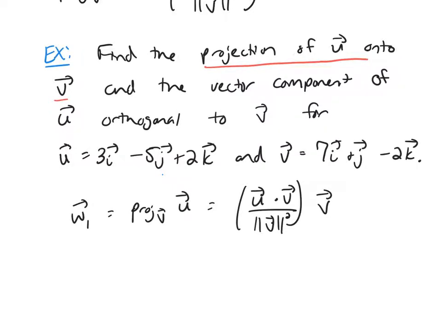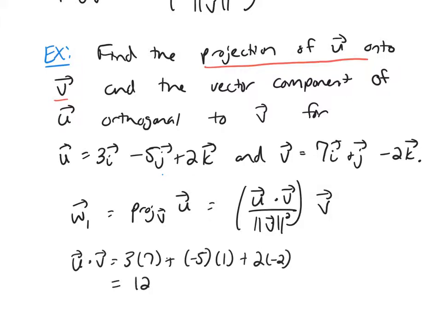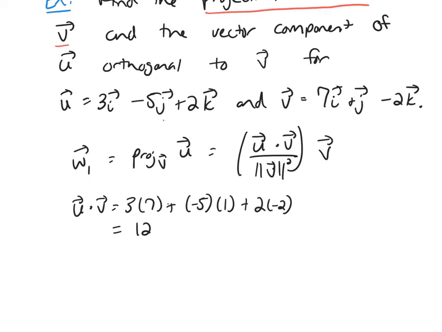We're going to need u dot v: 3 times 7 plus negative 5 times 1 plus 2 times negative 2. You add that all up, you'll get 12. And then I also need the magnitude of v squared.